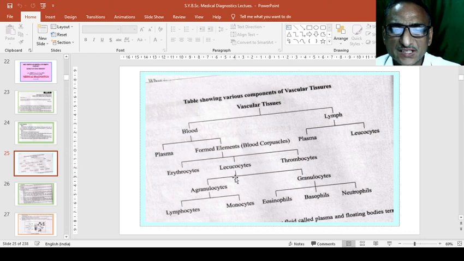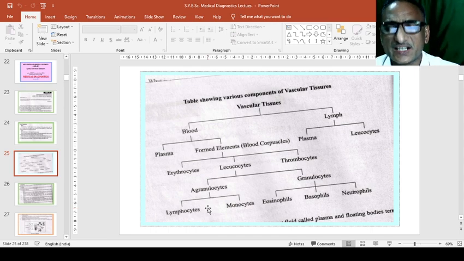Leukocytes are of two types, agranulocytes and granulocytes. Agranulocytes do not contain granules, whereas granulocytes contain granules. Agranulocytes are of two types, lymphocytes and monocytes. One is smaller and the other is larger. Granulocytes are of three types, eosinophil, basophil and neutrophil. The names are given according to their staining ability.